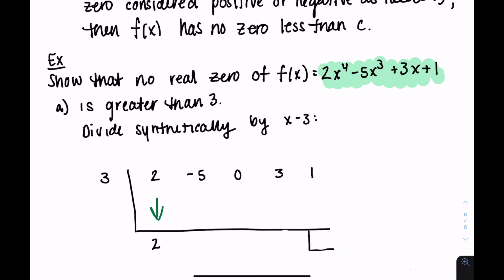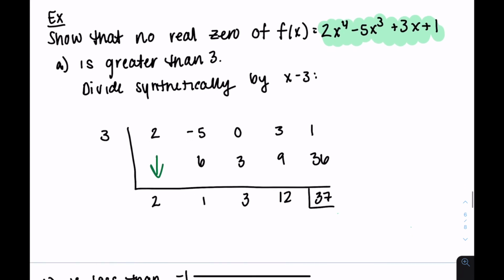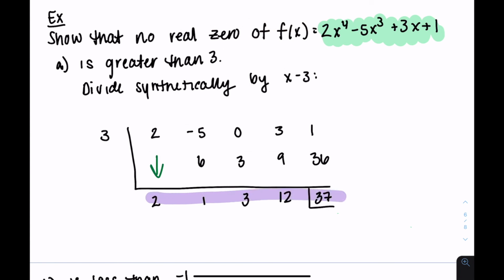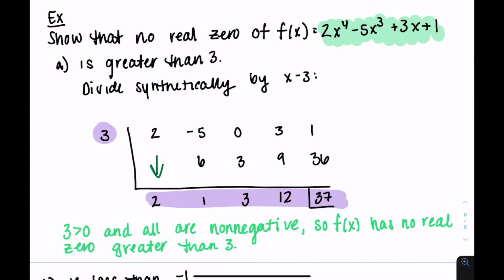So we bring the 2 down, multiply 2 by 3, add together, multiply by 3, add together, multiply by 3, add together, multiply by 3, and then we go ahead and add together. So if you look at this bottom row and this value of c, c is greater than 0, and this bottom row is non-negative.